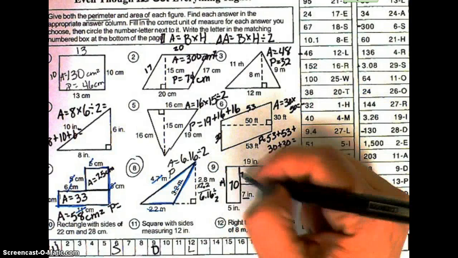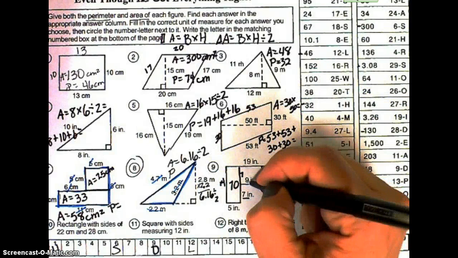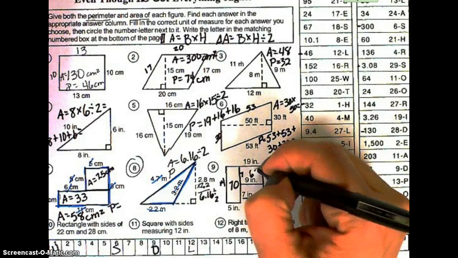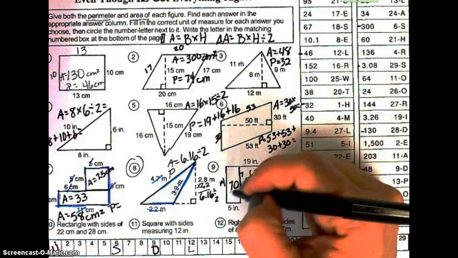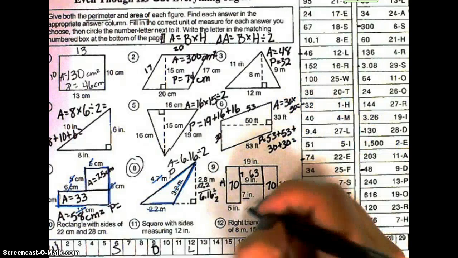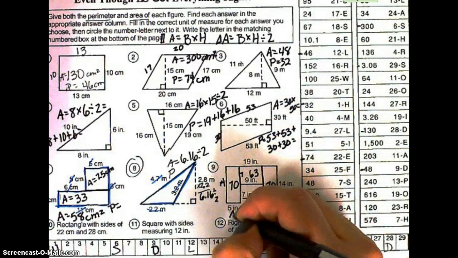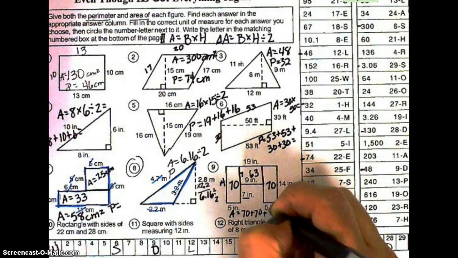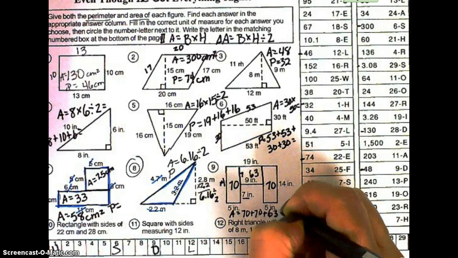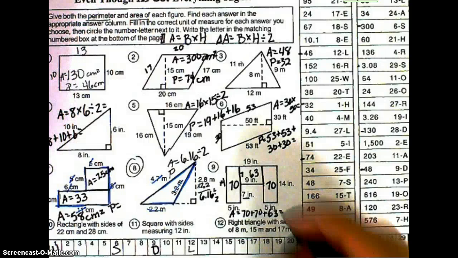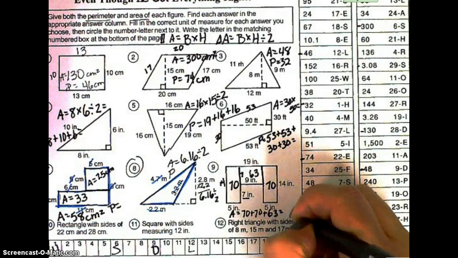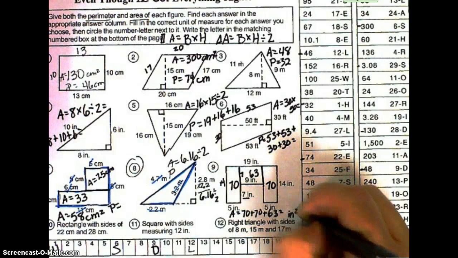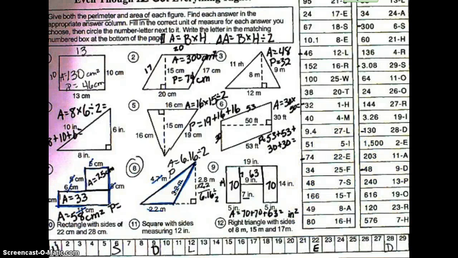So now I can figure this out. 9 times 7 is 63. So now I need to add up these 3 pieces to get my total. 70 plus 70 plus 63 will give me my total area, and remember that's going to be in inches squared.